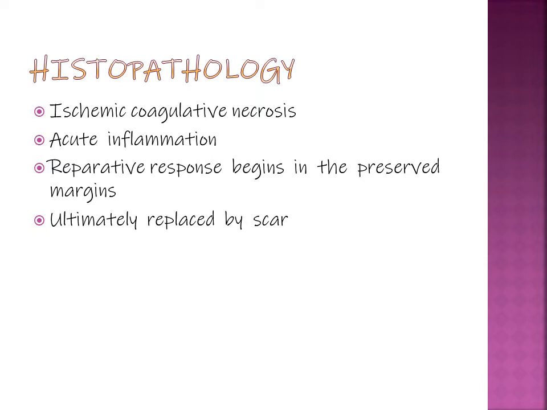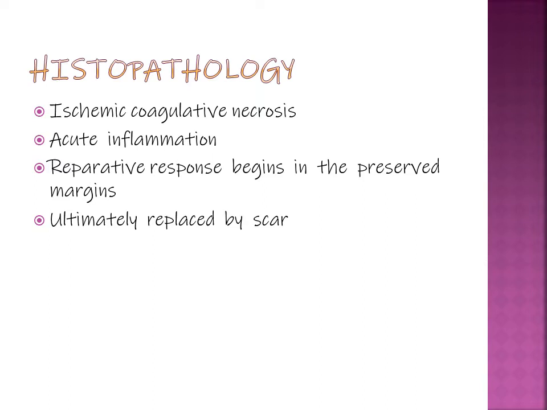One very important gross morphological feature of infarct is that it has a wedge-shaped appearance. The occluded or thrombosed blood vessel is usually present at the apex of the infarct, while the periphery of the organ forms the base of the infarct. So this is very important about the gross shape of the infarct.